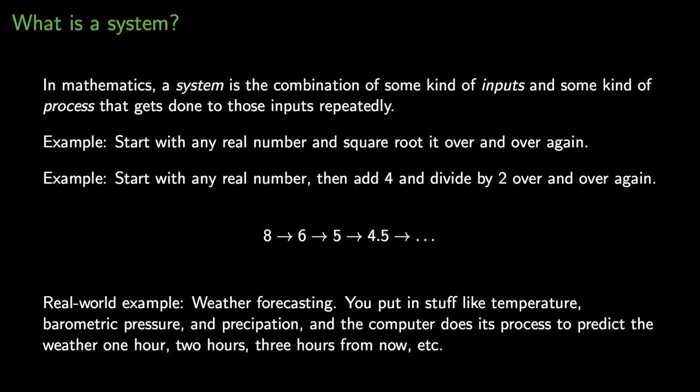If you've ever looked at a weather forecast by hour, you've seen how this comes out. It can spit out a forecast for every single hour. The reality is the computer uses its own prediction for the weather 1 hour from now to do a prediction for 2 hours from now.